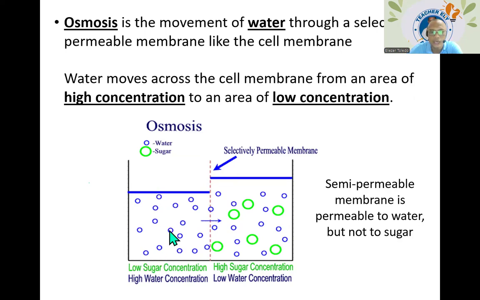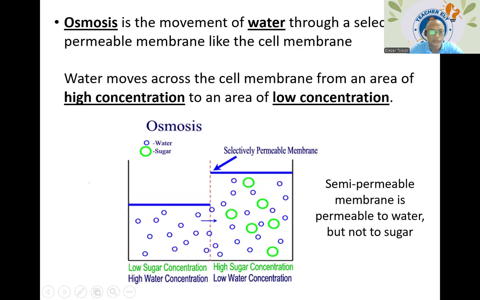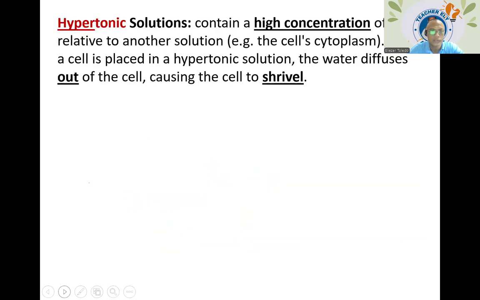As you can see here, I hope you can see my cursor, on this side it's just blue, just water. While on the other side, it contains sugar. So what could be the movement? There is a membrane in the middle. The movement is from high concentration to an area of low concentration of water. That's how it goes.